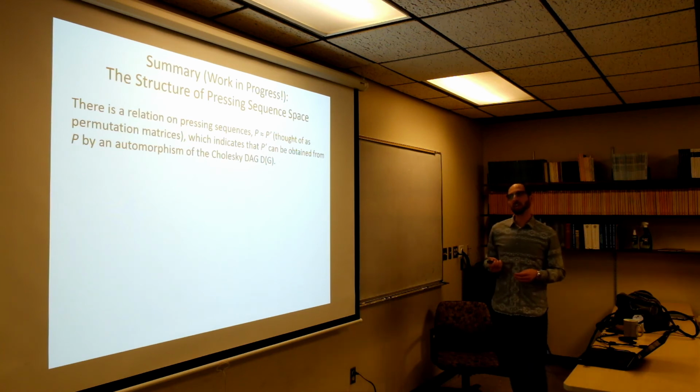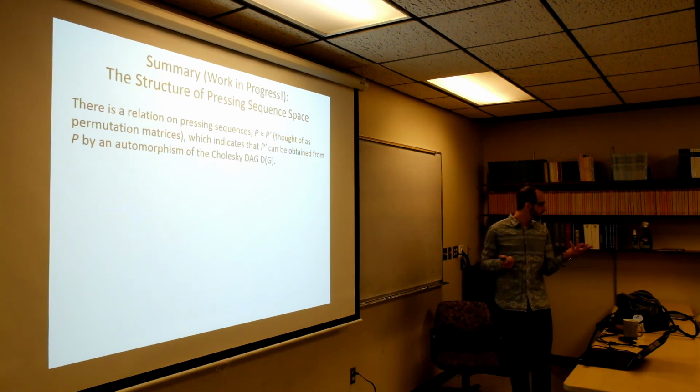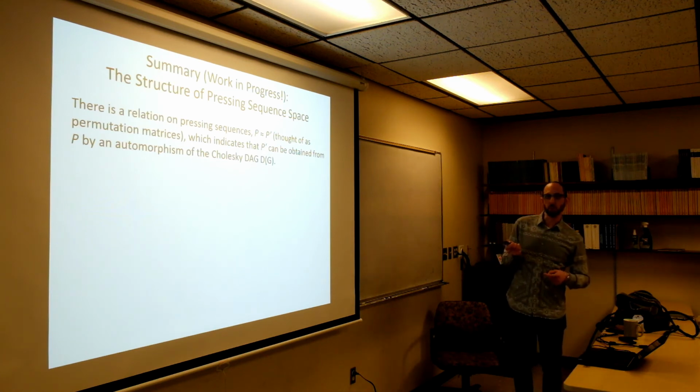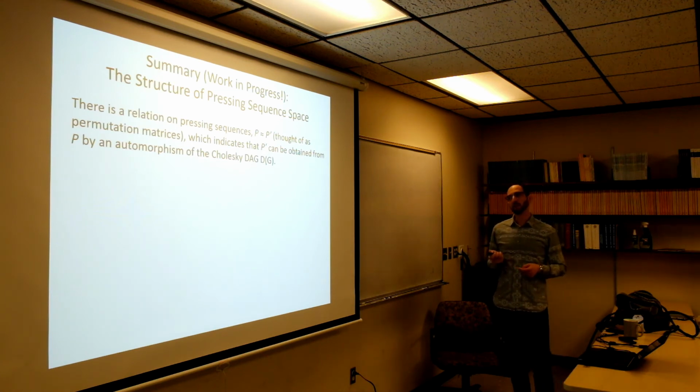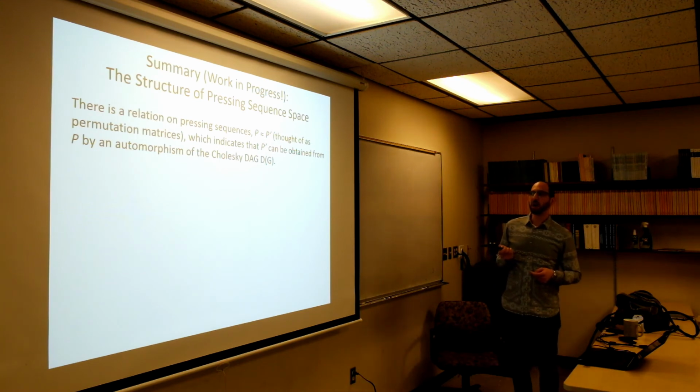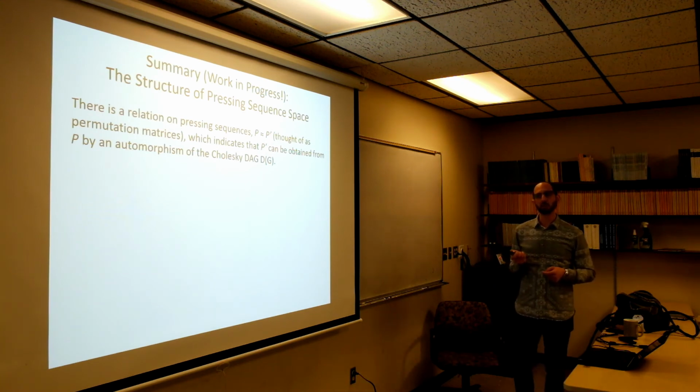Now, there's this relation, which I'll call squiggle. If you think of pressing sequences as permutations, we can think of them as permutation matrices. So P squiggle P prime if P prime can be obtained from P by an automorphism of the DAG.